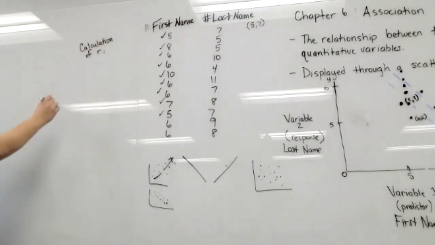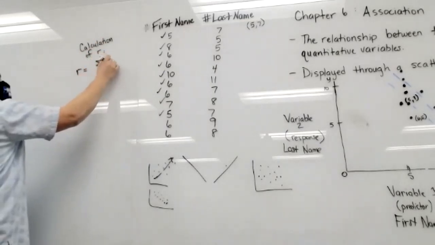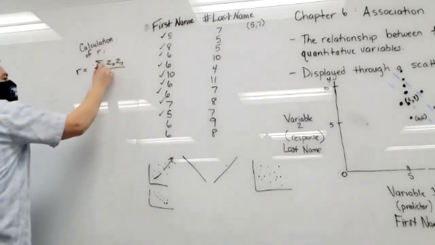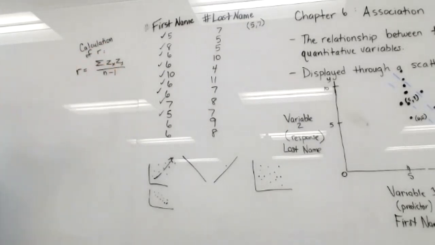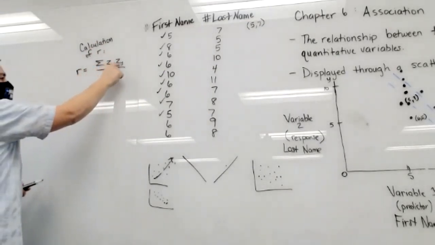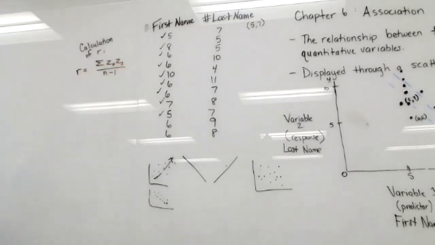R is equal to the summation of Zx times Zy, all over n minus 1. So let's break down what all of these values mean. We've run into this before. Summation means we're adding something together. And in this case, we're adding a whole bunch of products, the product of this times this, divided by the number of entries minus 1.